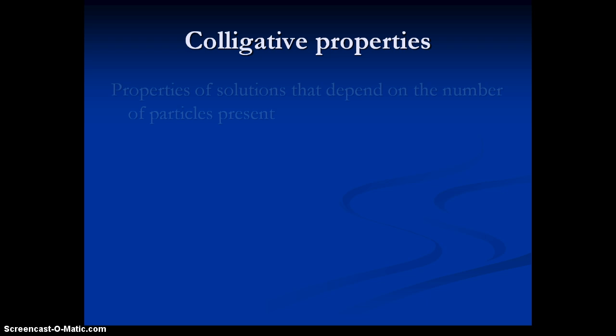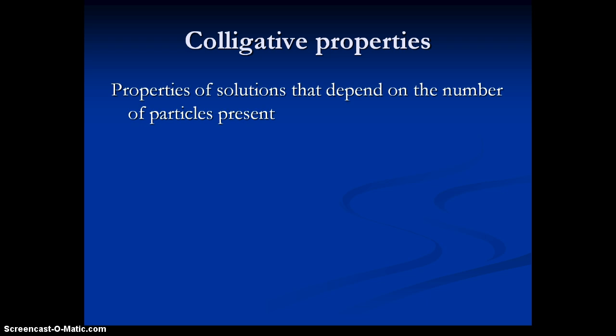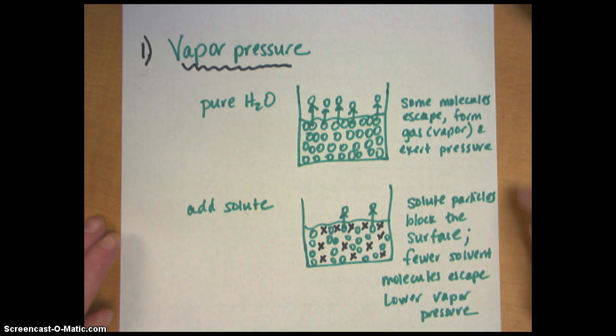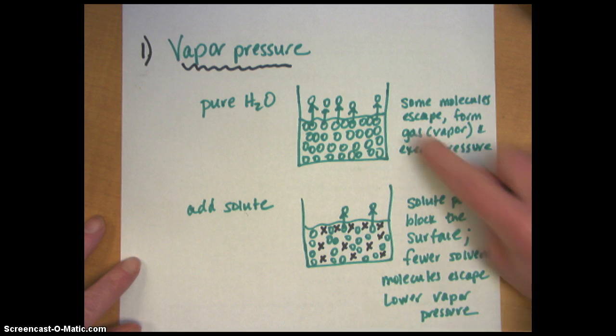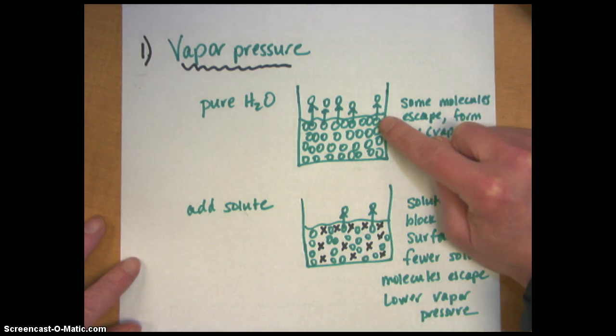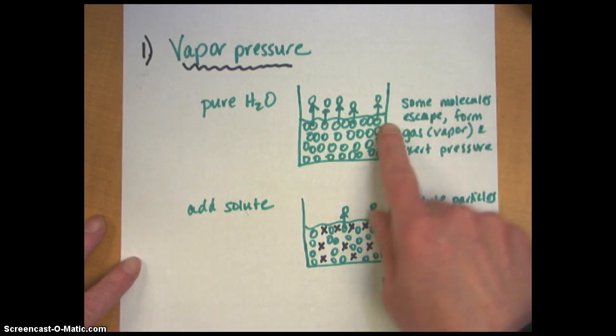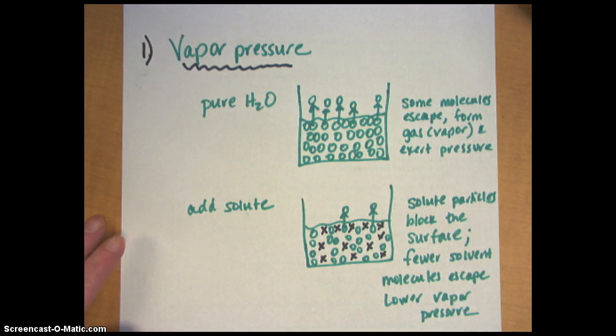Colligative properties are properties of solutions that depend on the number of particles present. They include vapor pressure, boiling point elevation, and freezing point depression. If you were to take pure water and heat it up, water would boil or evaporate, and the pressure that gas exerts on the container is called vapor pressure.